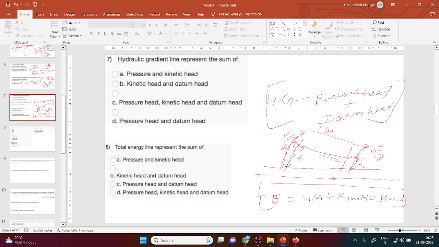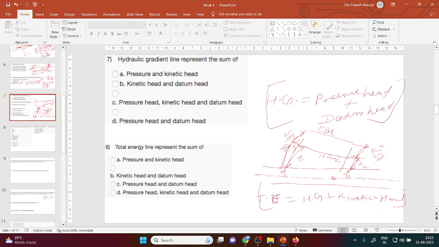Also, this viscous energy loss will be represented in which line? Yes, if there is friction, there will be friction losses in it. If your friction losses are there, then at that point, if the pressure is P1, and at that point the pressure was, let's assume, P2, but this P2 was when the pipe was very smooth, right?